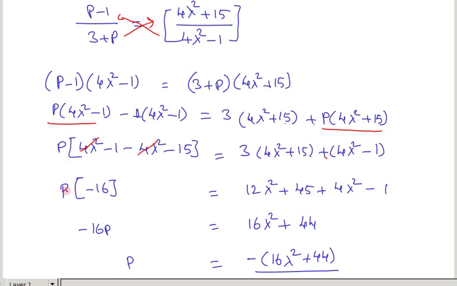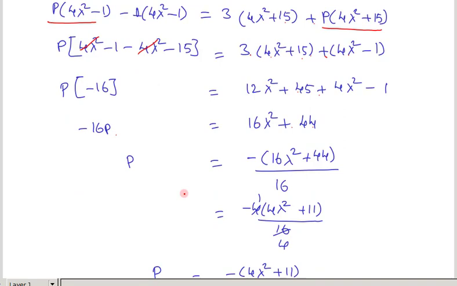So this can be written as p of minus 16, that means minus 1 minus 15, that is minus 16, is equal to, doing the product of these two terms, 3 into 4 delta square, that is 12 delta square, plus 3 into 15, that is 45, plus 4 delta square minus 1. This can be written as 16 delta square plus 44. This is equal to minus 16p, and transposing this minus 16p to the other hand, this becomes minus of 16 delta square plus 44 by 16.